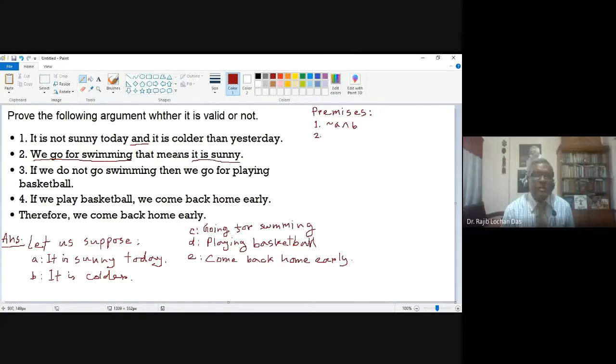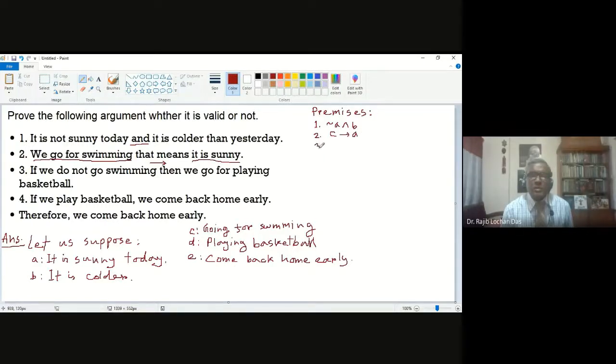Two things are fine. So this is actually an implication. Go for swimming implies sunny. That means it shows the result. So if we go for swimming, then the result will be that it is sunny. So the correct one is swimming implies sunny. So C implies A. This is correct. Okay.